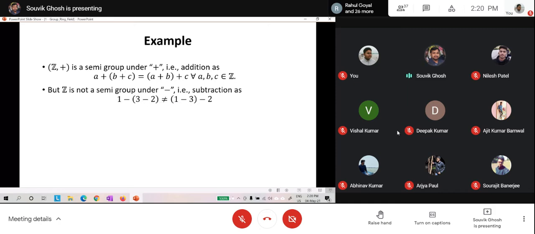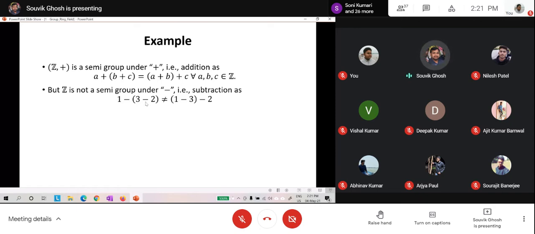But Z is not a semigroup under minus. Why not? You can check with any example. Here we have taken 1, 3, and 2. Is (1 minus 3) minus 2 equal to 1 minus (3 minus 2)? With the parentheses, we have to do that operation first.